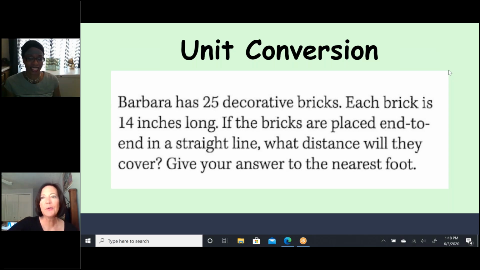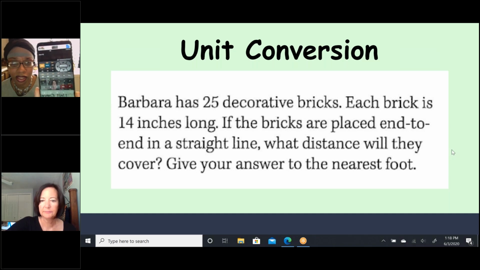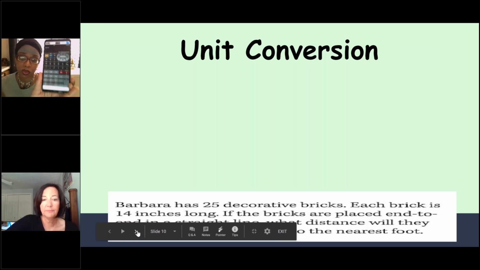So what's the answer? They told us give your answer to the nearest foot. Then I would just say 29, because I know if it's 5 or greater, it goes up. If it's less than that, then it just stays as is. So I just say 29.